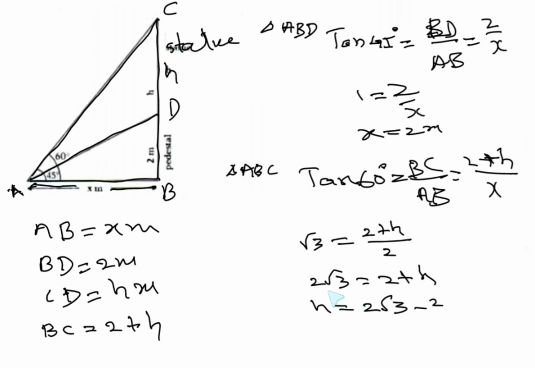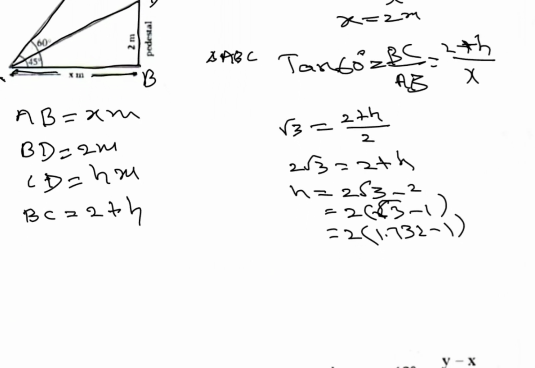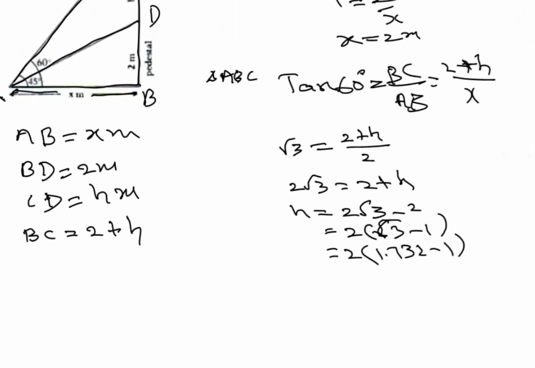Take the left side, 2 root 3 minus 2. 2 is common for these two terms, so 2 times (root 3 minus 1). The root 3 value is 1.732 minus 1, that equals 2 into 0.732.